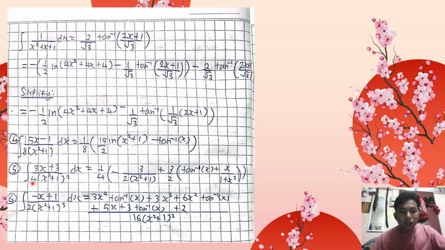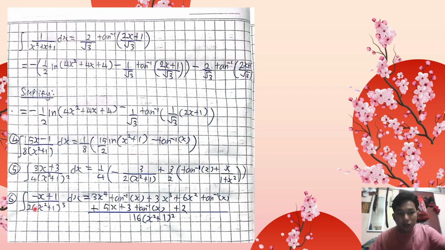And then for question number 5, we get 3x plus 3 over (4x to the power of 2 plus 1) square root 2 dx. And then for this integration, we can get 1 over 4 bracket of negative 3 over 2 (x to the power of 2 plus 1) plus 3 over 2 arctangent of x plus x over 1 plus x squared, close brackets.